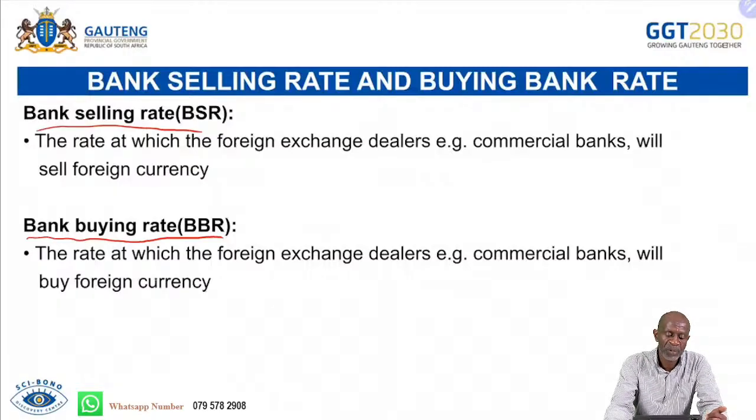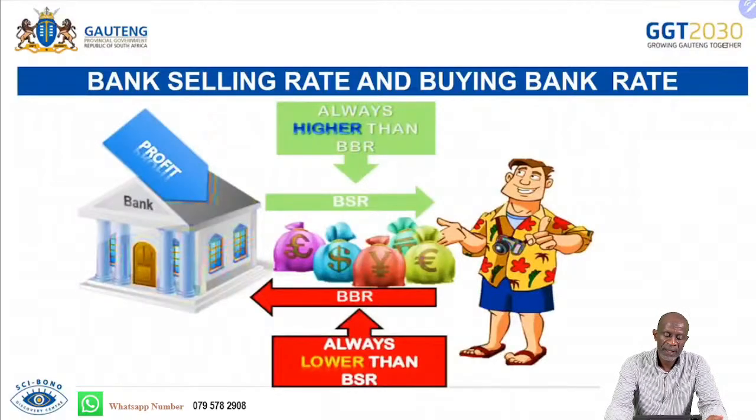We'll get more clarity on the application of bank selling rate and bank buying rate when we get into calculations or conversion of foreign currency. The bank selling rate is always higher than the bank buying rate.